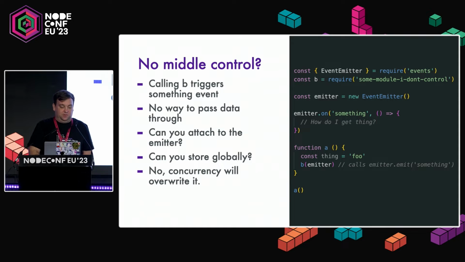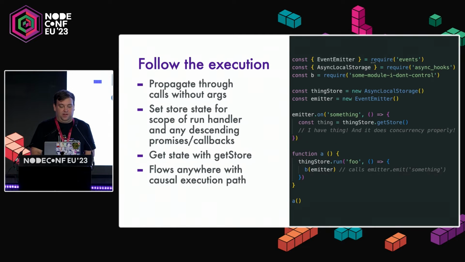So can you attach the thing to the emitter maybe? Can you store it globally? No. Concurrency will override it. So this sort of scenario is where async local storage helps. So you can propagate through calls without needing to pass anything into that call.